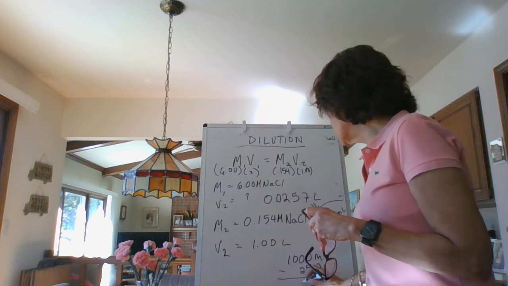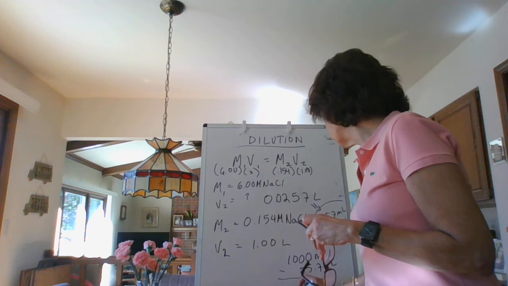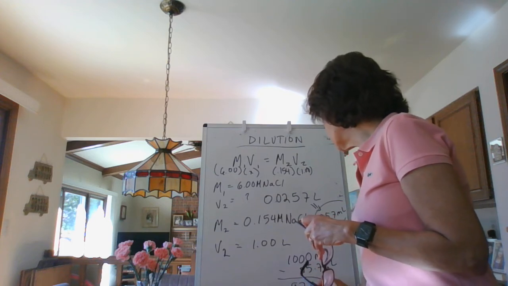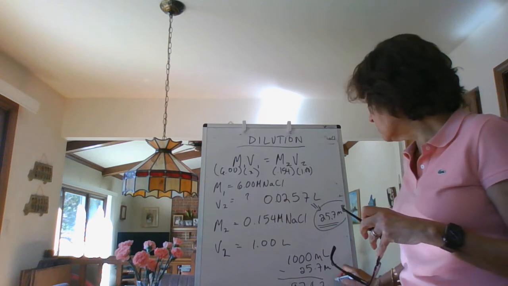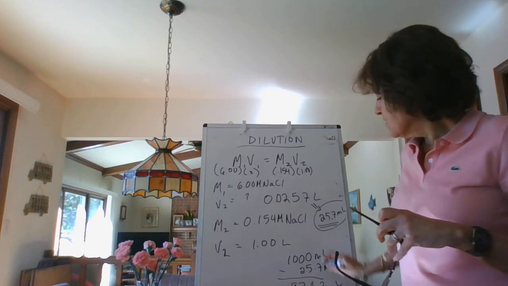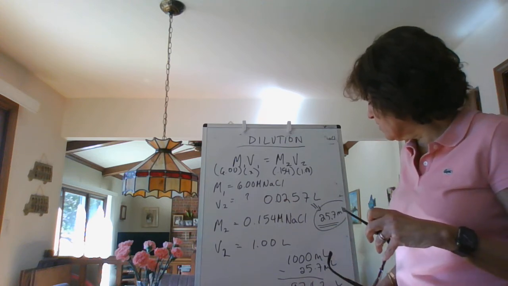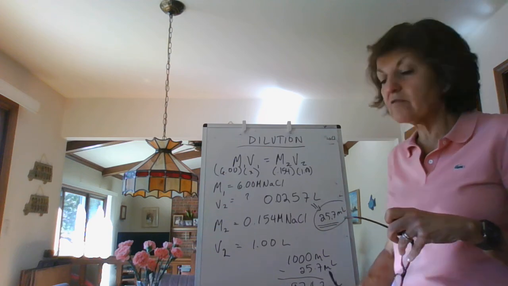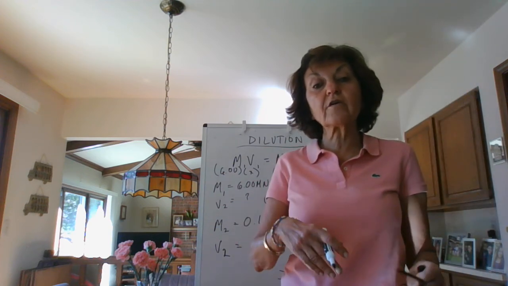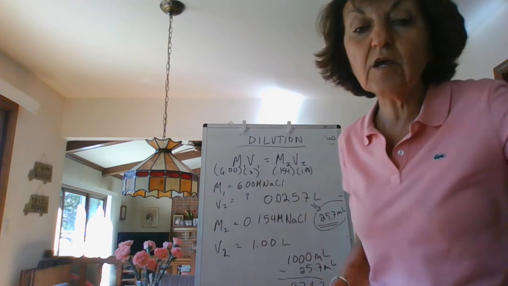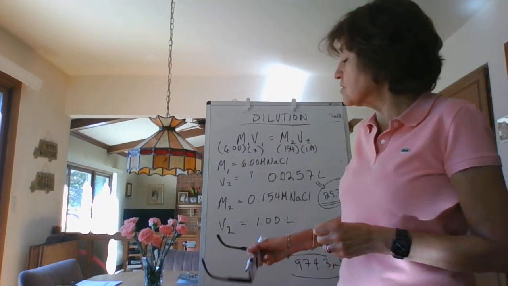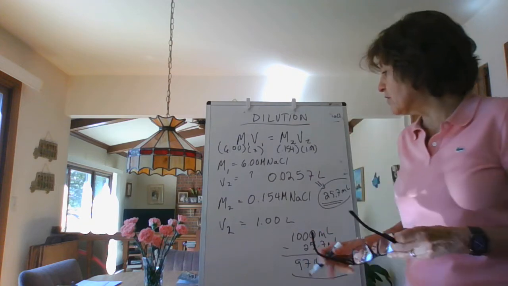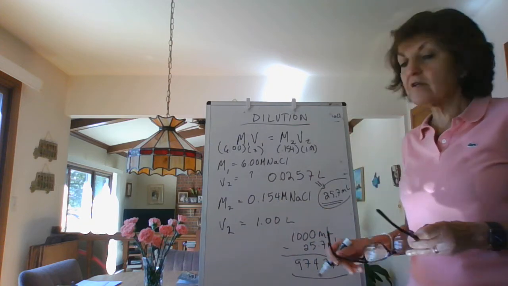So basically, you're going to need 974.3 milliliters. Since we're rounding over here, this is probably 974 milliliters of water that have to be added to the 25.7 milliliters of the 6 molar in order to end up with a liter of this.